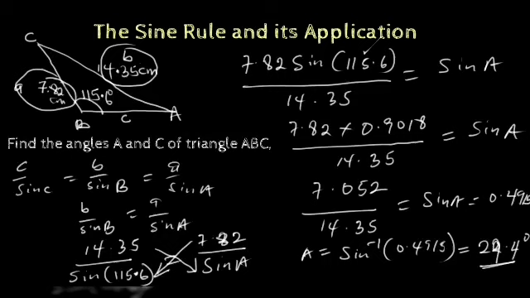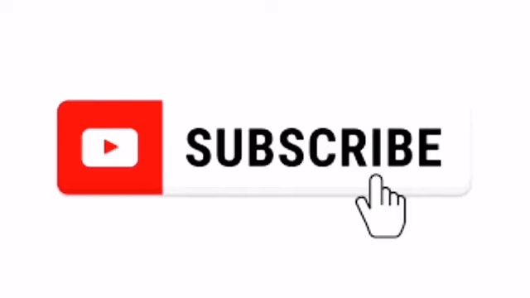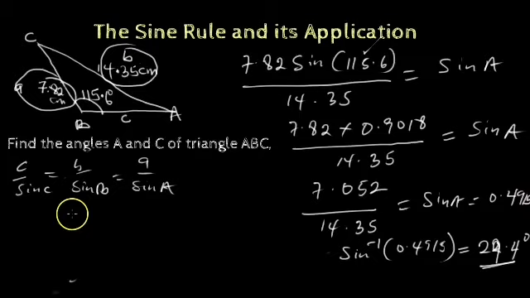I think it's time we begin to look for our angle at C. Now for the angle at C. From this triangle, we have that the angle at A is given as 29.4, and we have the angle at B as 115.6.